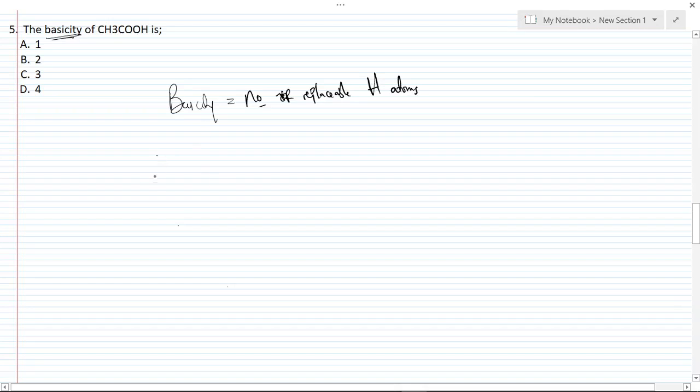So in an acid, let's say HCl plus NaOH, we know we are going to get salt and water. What pretty much happens is the replacement of this hydrogen by the sodium metal.